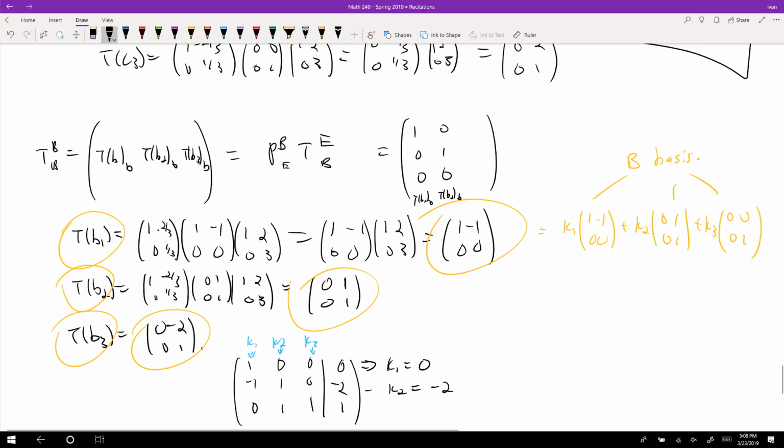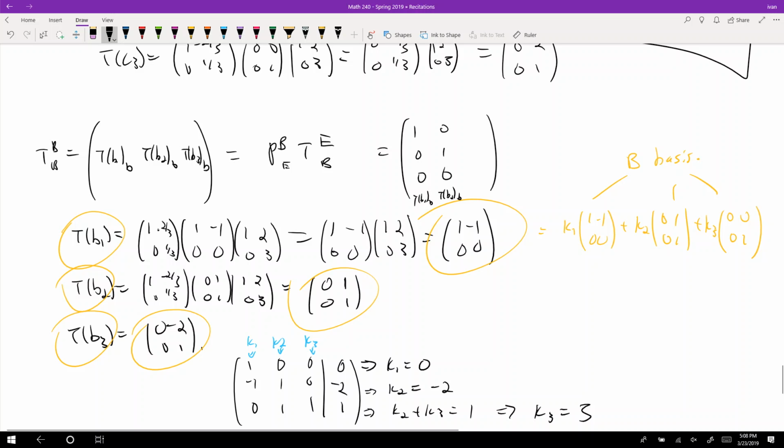And then in row 3, it says K2 plus K3 is equal to positive 1. So that's what the three rows are telling me. Well, what does that mean? This means that K3 is equal to positive 3.